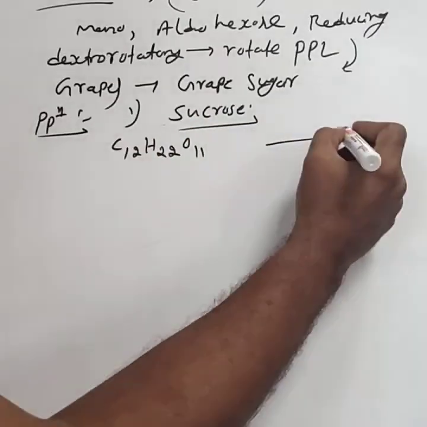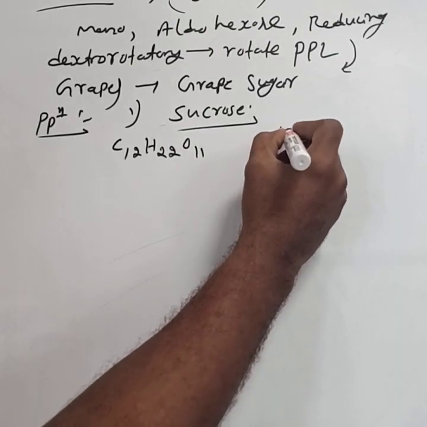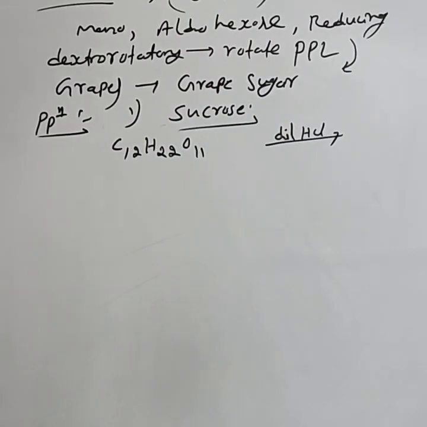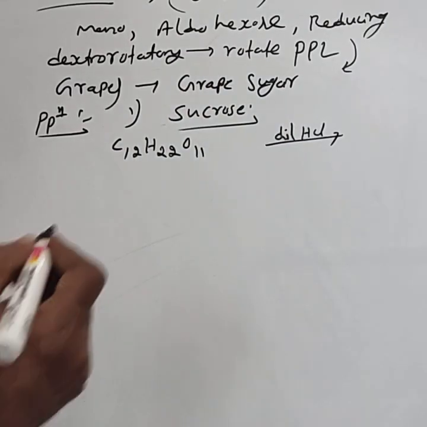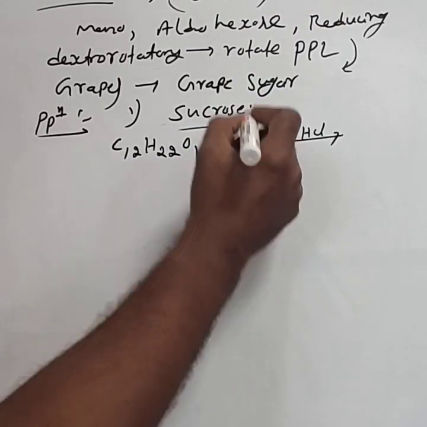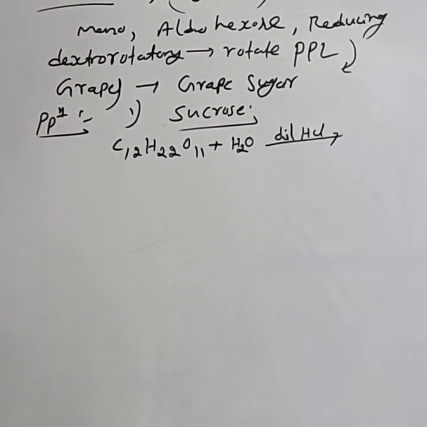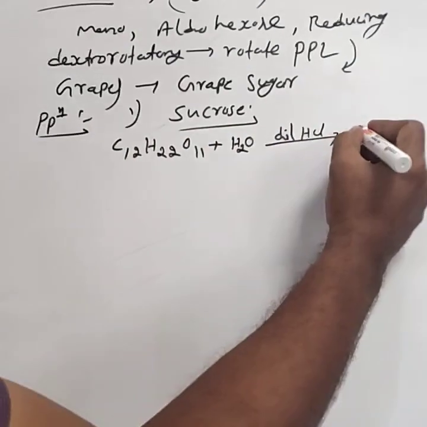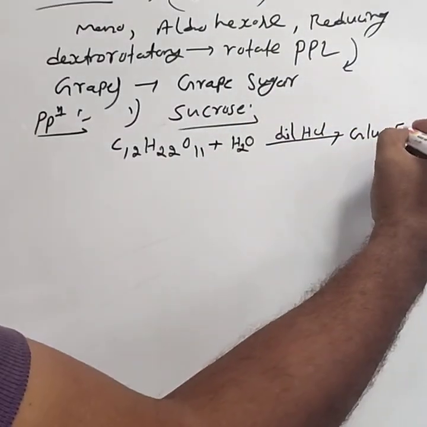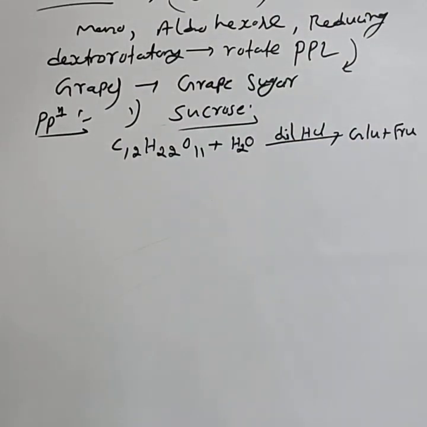When sucrose is treated with dilute HCl or dilute H2SO4, it undergoes hydrolysis, meaning addition of water, and forms one molecule of glucose and another of fructose. This is one of the methods.